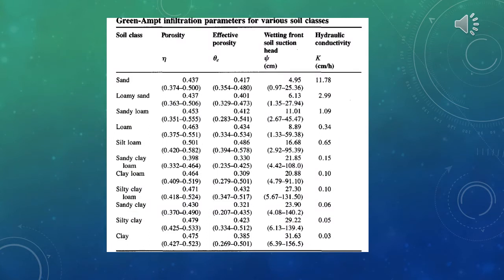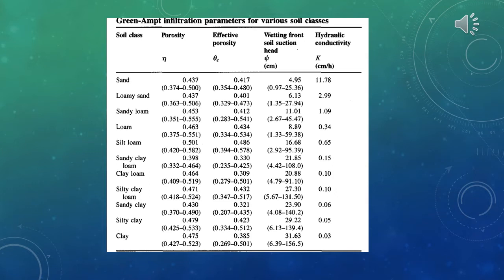Here is a very useful table of soil types with Green-Ampt infiltration parameters for various soil classes. We have sand, loamy sand, sandy loam, silt loam, sandy clay loam, silty clay loam, sandy clay, silty clay, and clay.